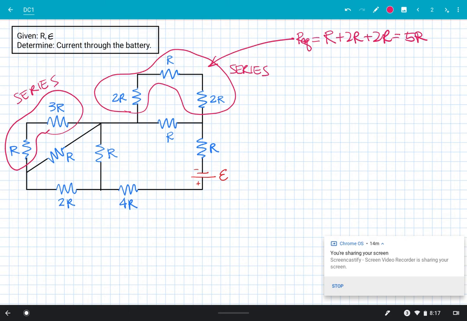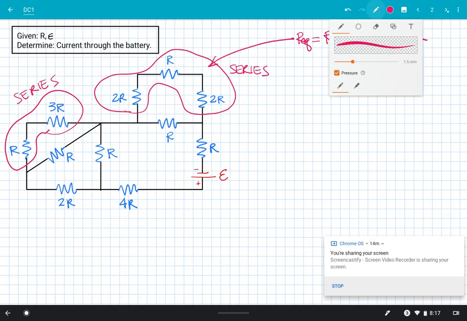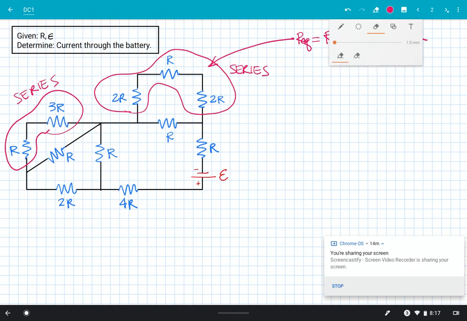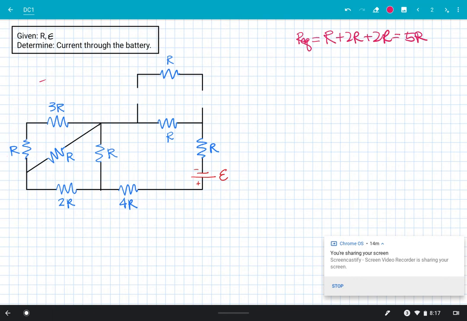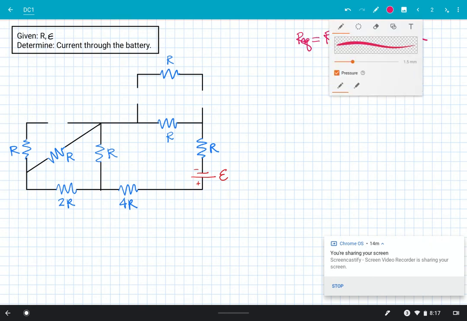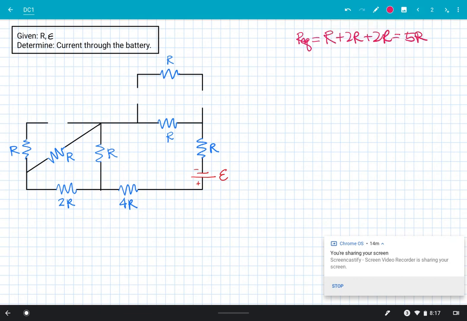So I'm going to go back here now, and I'm going to replace these. I'll get my eraser, take this one out, and replace it with 5R up there. And I'll replace this with 4R. If you don't have the nice eraser, you'll just draw several different versions of drawings.